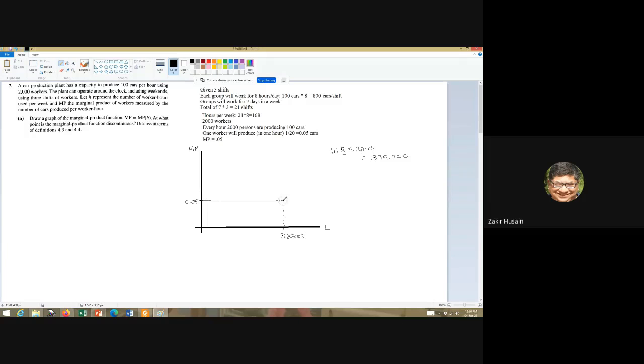After that, if you increase the number of workers, it is not possible to produce any additional cars. Therefore, marginal product will now fall to 0. So marginal product is initially 0.05.